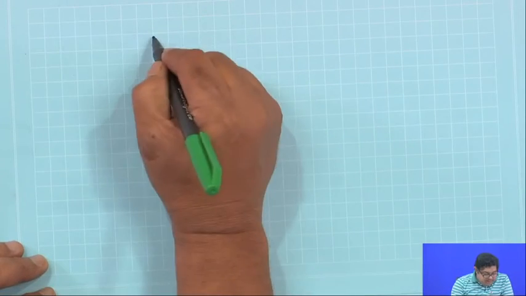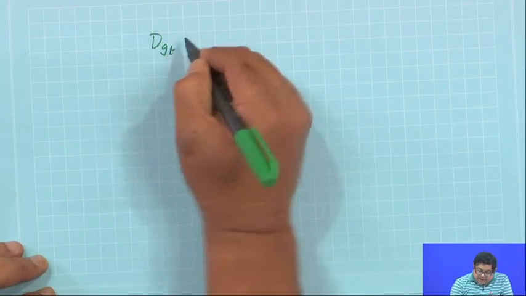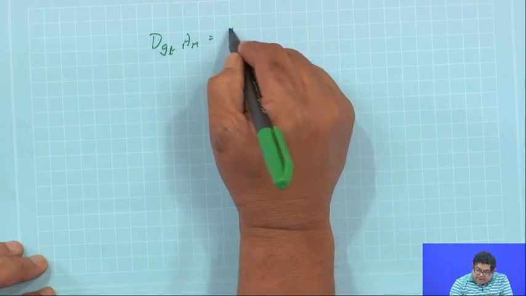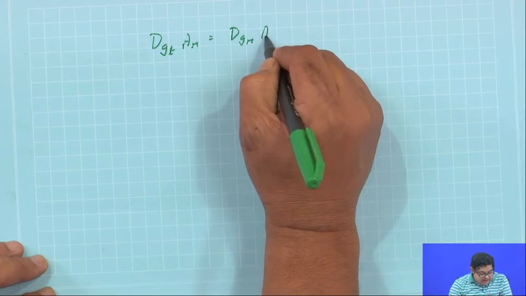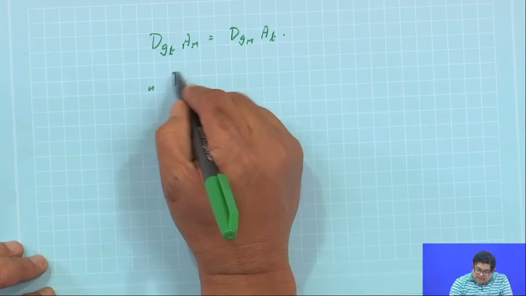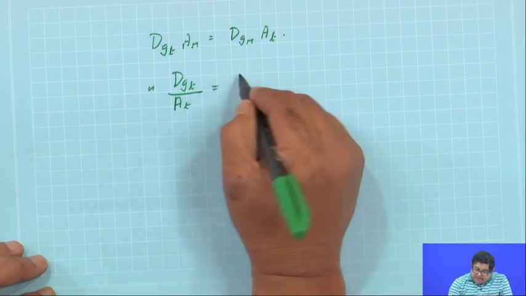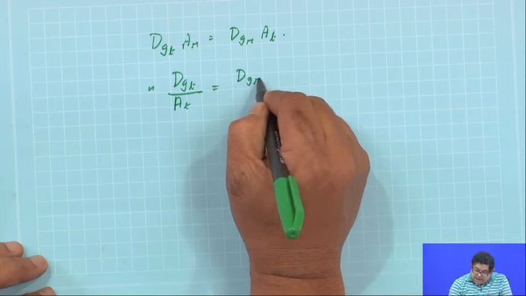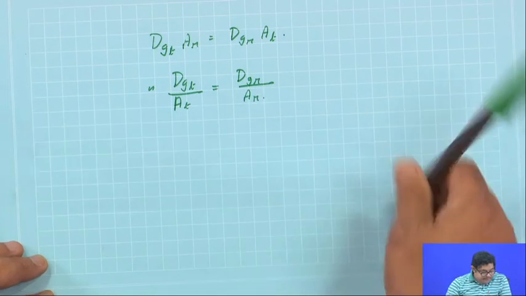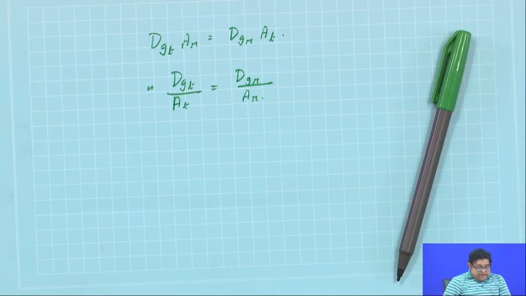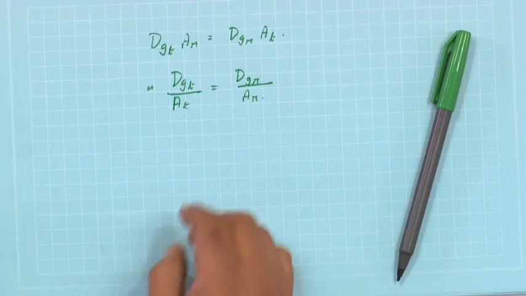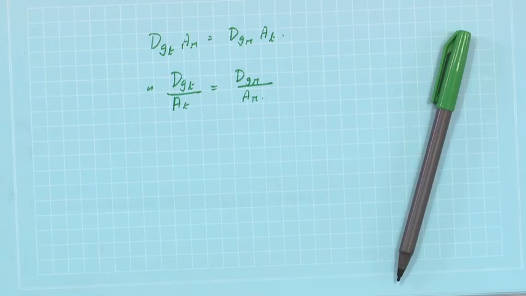So, I will write that DGT AR is equal to DGR AT, or DGT by AT is equal to DGR by AR. This relation says that increasing directivity of an antenna increases its effective aperture in the same proportion.